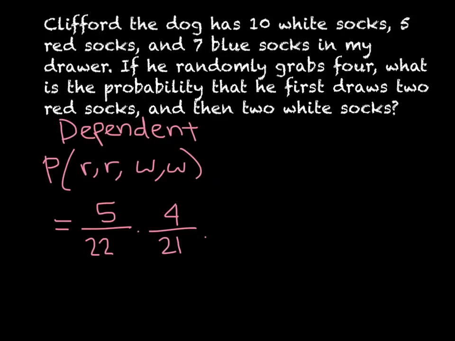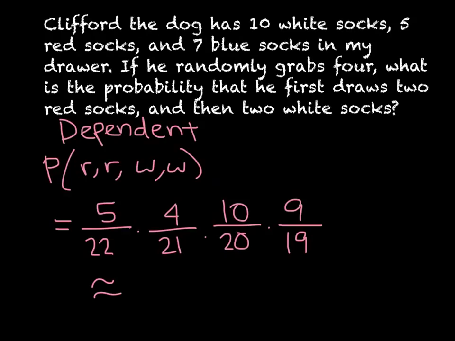The number of white socks remains 10, but there are only 20 total socks left. And now there are only 9 white socks and 19 left in the drawer. So this ends up being about 0.01025.